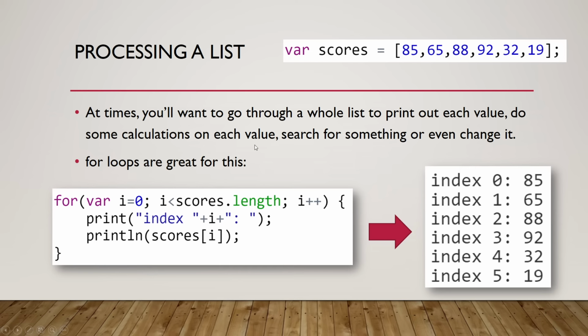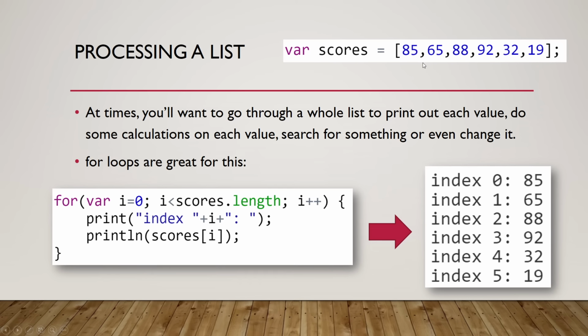All right. How do we process a list, like to go through and do the same thing to each value of the list? To do that, we can use a for loop, just like this. We set up a variable called i, set it to 0. i is going to stand for the index. If we want to access a whole list, we need to start at index 0, index 1, index 2, index 3, index 4, index 5.